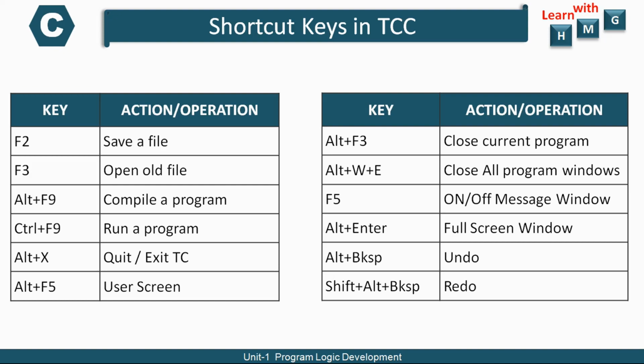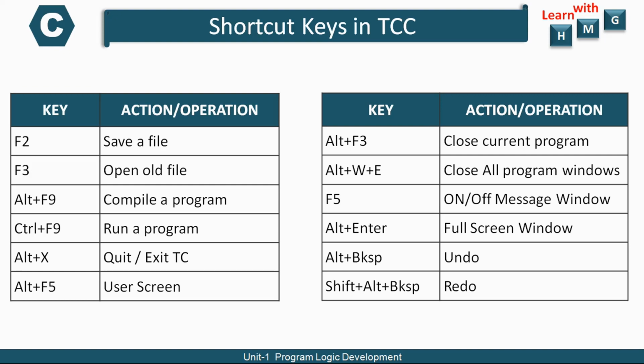If you want to close all program windows currently opened, you can use Alt W E. Then the message window you can turn on or off using the F5 key. The message window in which the error messages are displayed below the program window, you can turn it on or off, so that the full screen will be available for typing your program in the program window.